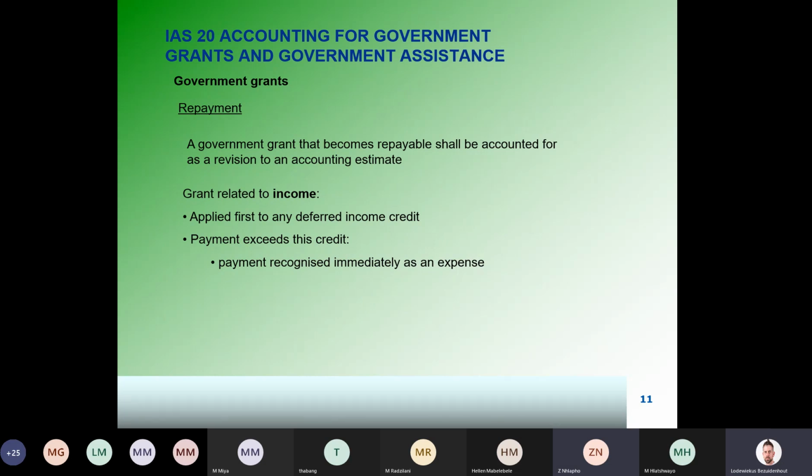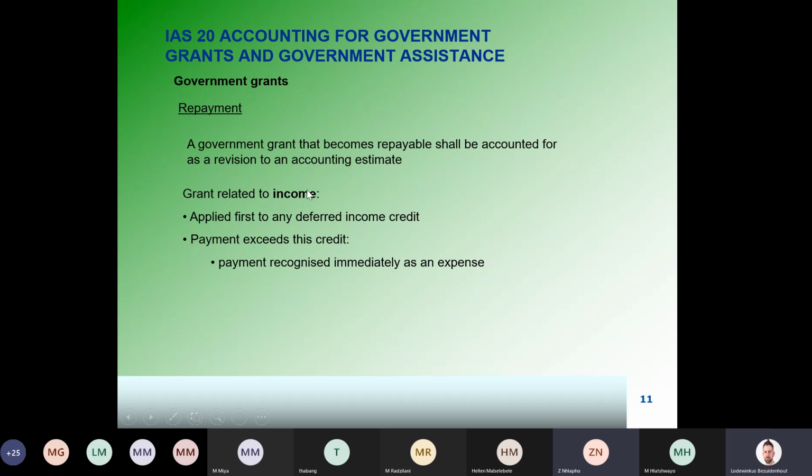Okay, so let's go back one step. We've got two grants, either income-based or asset-based. If it is an income-based grant, what do we do? Every year, a portion of that grant will be transferred from the deferred grant income account to the income statement. So what happens when we have to repay?